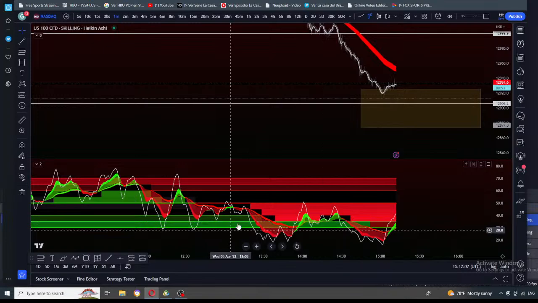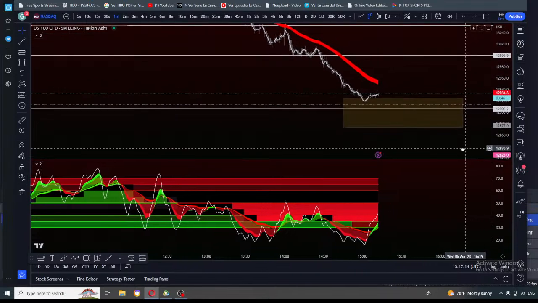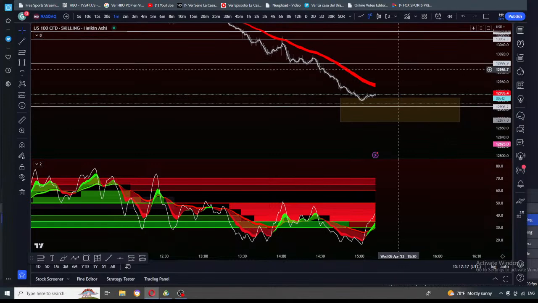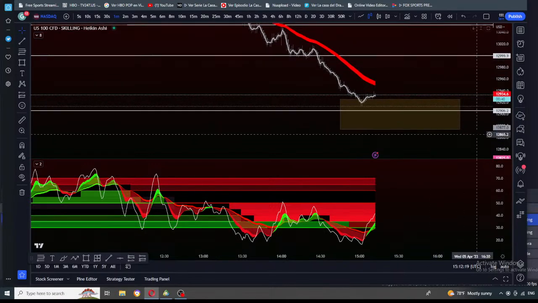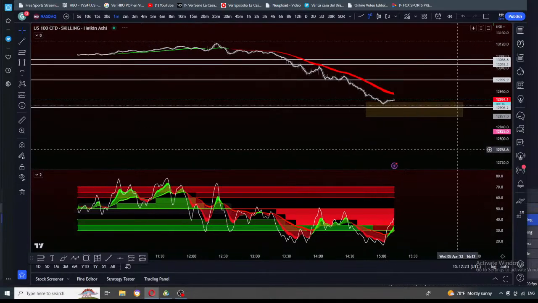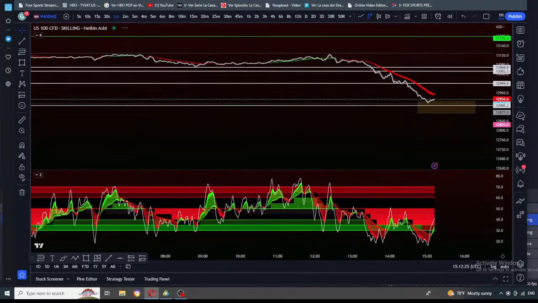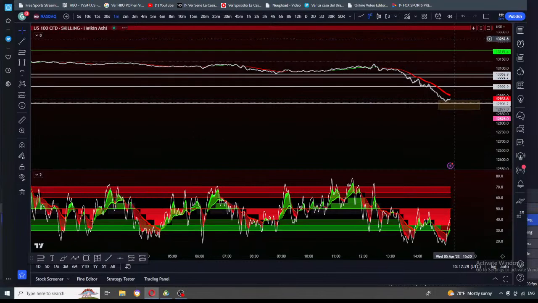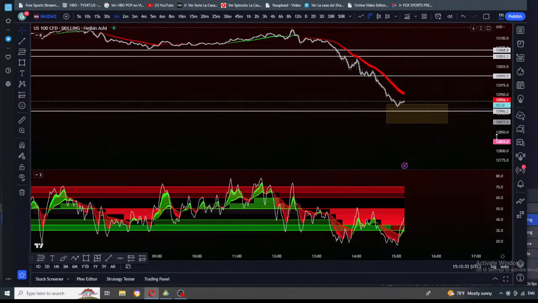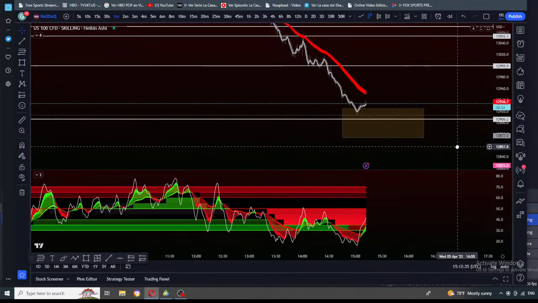So we need to get it back above 60, get all green, and hopefully find an entry there. Wait for a big push up, and then enter there for the trip back up, way back up here, up to here. So that's it.